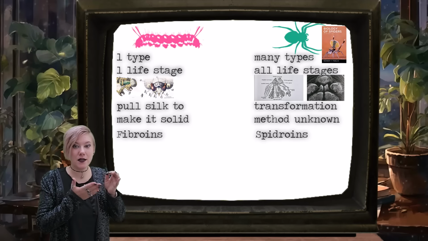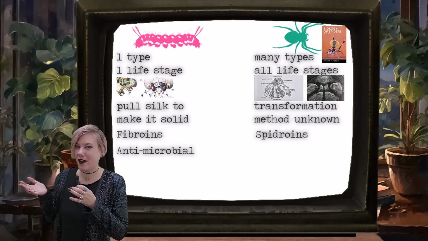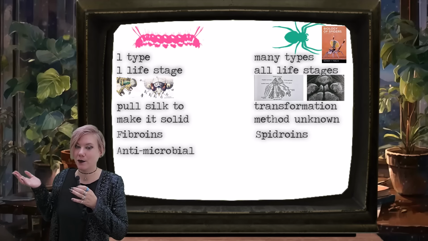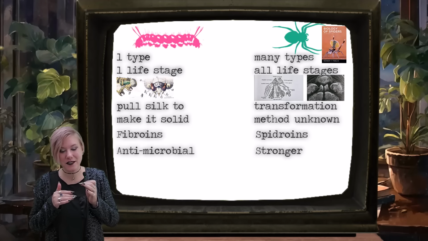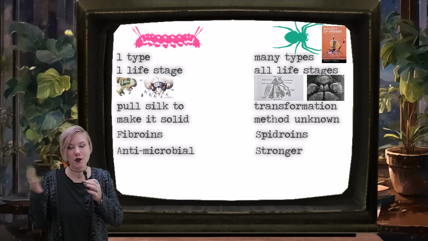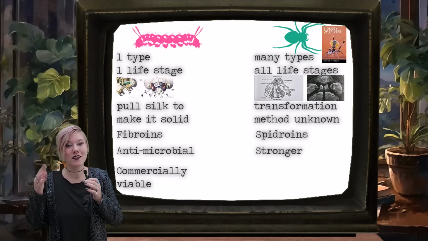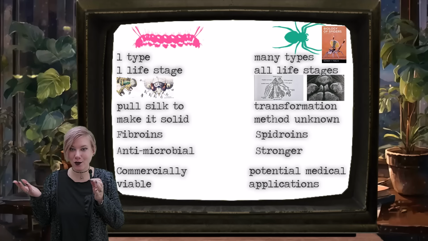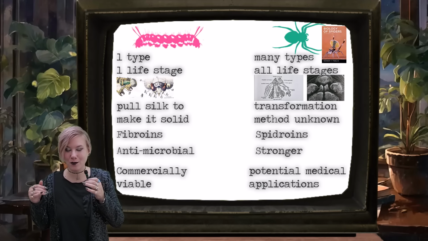Caterpillar silk is antimicrobial, so antibacterial and antifungal, but we have not found that to be true, at least for the spiders that we have studied. Spider silk is stronger than that of caterpillar silk. And finally, caterpillars, especially that of Bombyx mori, are domesticated and commercially viable, and we have not yet domesticated any spiders, and their spider silk, unfortunately, is not yet commercially viable.